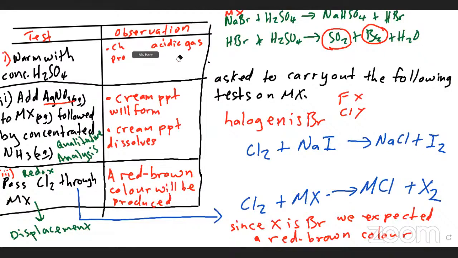We must mention the color. SO2 is colorless, while NO2 has a color. So we are going to do transition and qualitative analysis, and we will look at the colors.